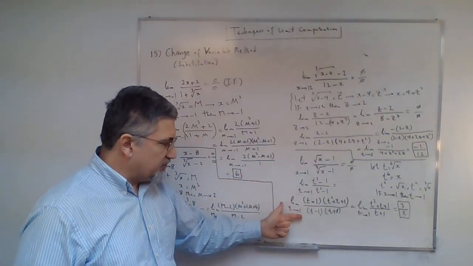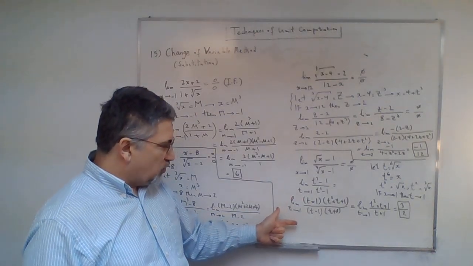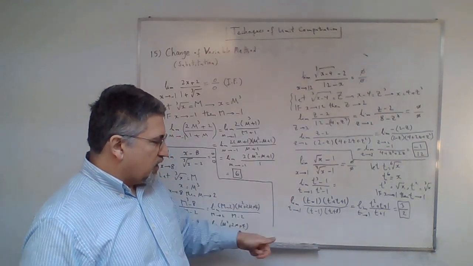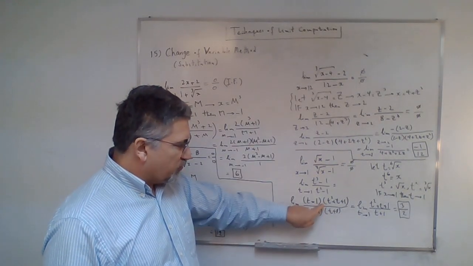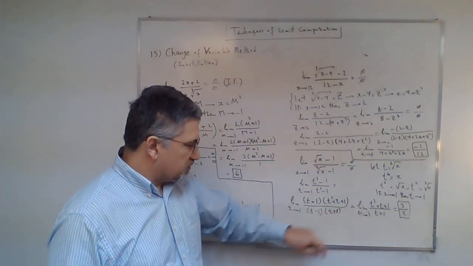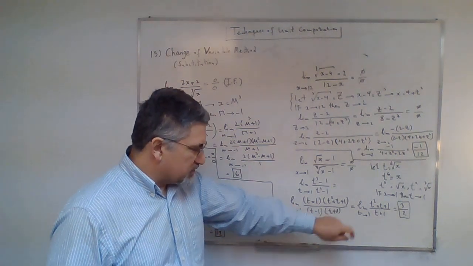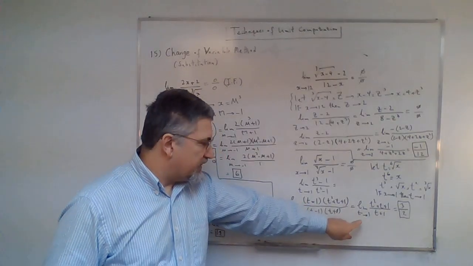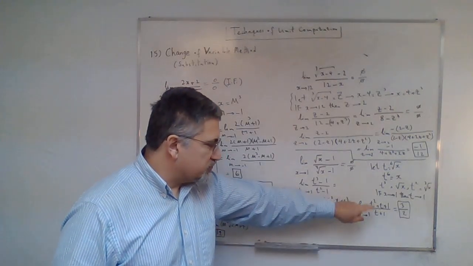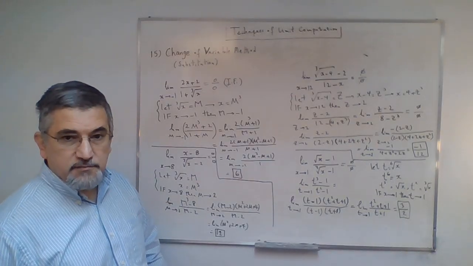We factor the denominator using difference of squares. And then we cancel out t minus 1, which was the common factor in the numerator and denominator. Then what was left over was limit of t squared plus t plus 1, right? And in the denominator, we had t plus 1. And direct substitution method does work this time. And by direct substitution, we get the answer as 3 over 2, final answer.